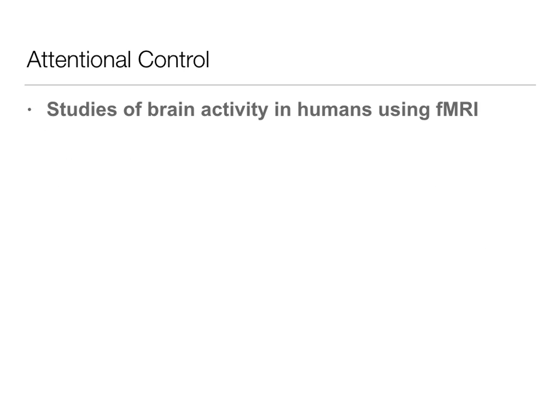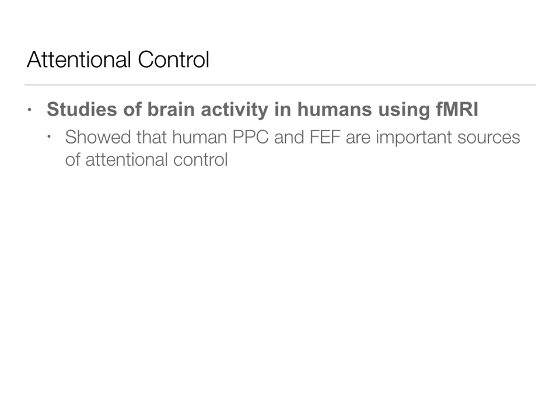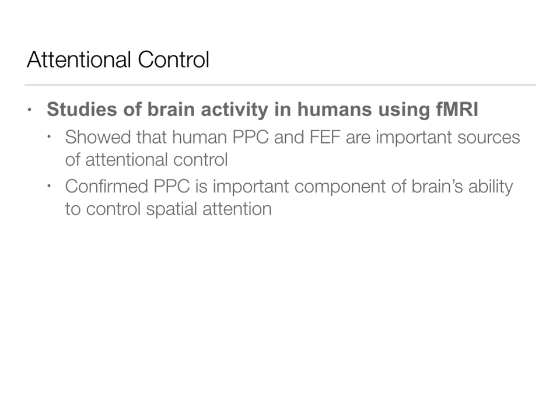We've also seen this by studying human activity using fMRI. Those studies showed that humans' PPC and their frontal eye field are both important sources of attentional control, just like we saw with the monkey studies. It confirmed that the PPC is an important component of the brain's ability to control spatial attention, just like we saw with the monkey.